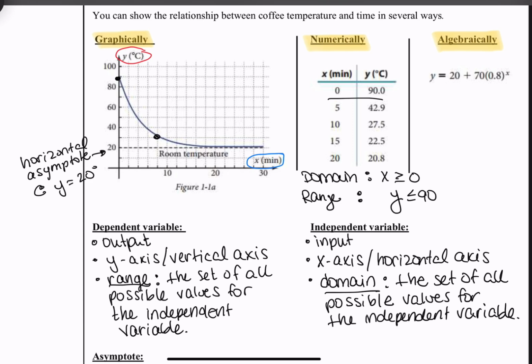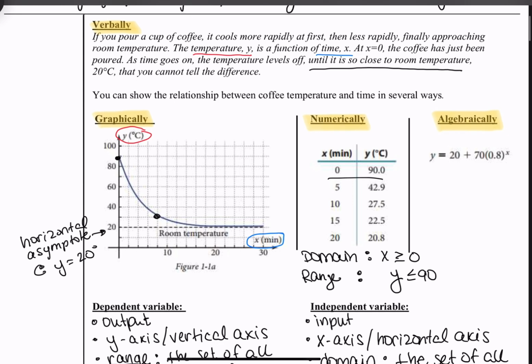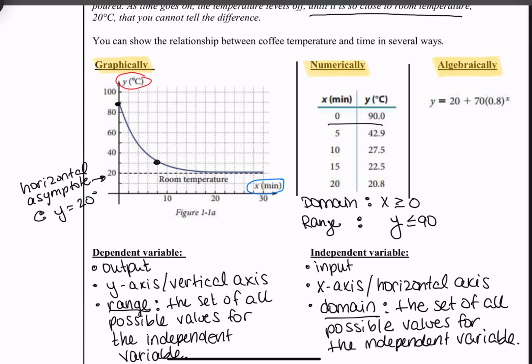However, can it ever actually be 20 degrees? Well, not according to what I'm seeing here. It looks like it's just going to get closer and closer to 20 degrees, but it's never actually going to reach it. It gets so close to room temperature, but nobody ever said it actually got down to 20 degrees. So I'm going to put here that y can be greater than 20 degrees, but not equal to.